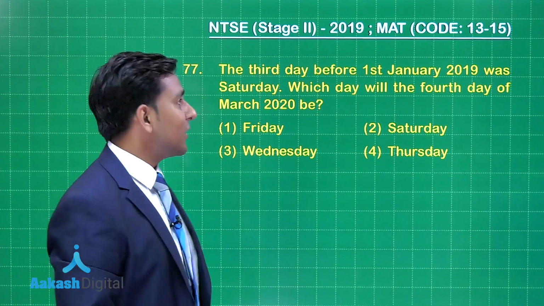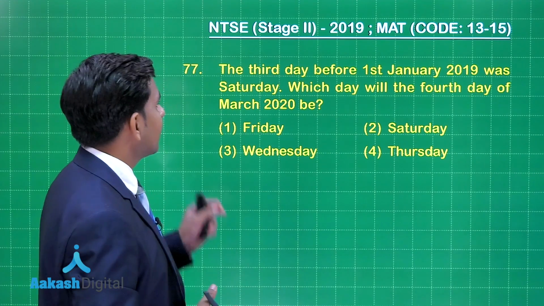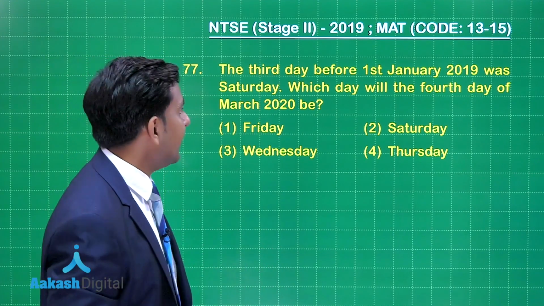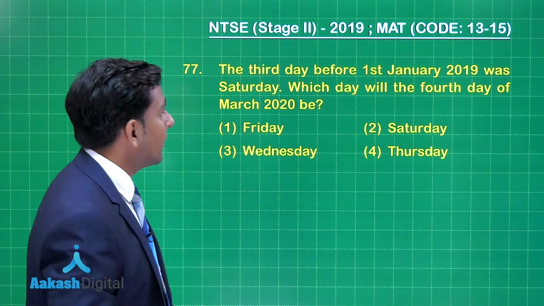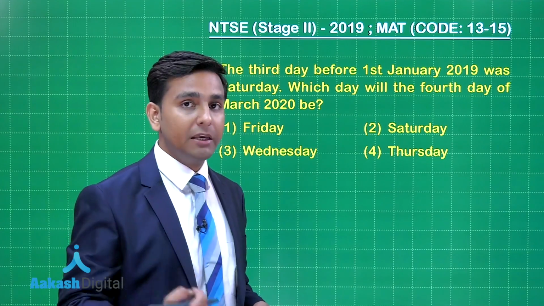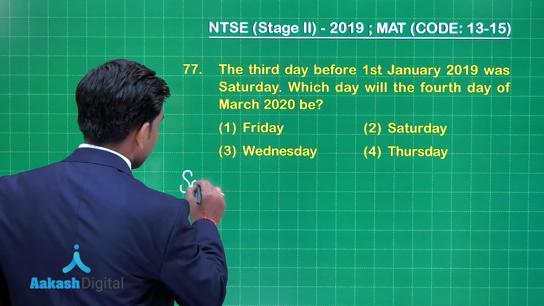Now it's turn to solve question number 77. This question is from calendar and the question states the third day before 1st January 2019 was Saturday. Which day will the 4th day of March 2020 be? So 4 options are given. Let's solve this question based on the concept of calendar.